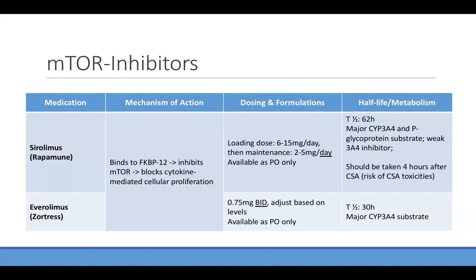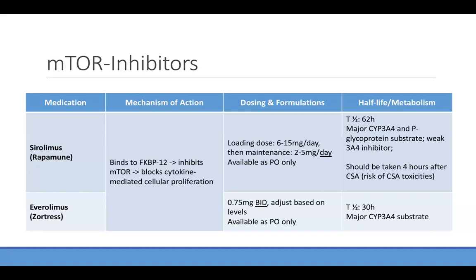In terms of the dosage forms available, they're both only available as PO. However, sirolimus is available as a suspension if the patient has an NG tube. In terms of half-life and metabolism, sirolimus has a very long half-life. That's why it's only dosed once a day.